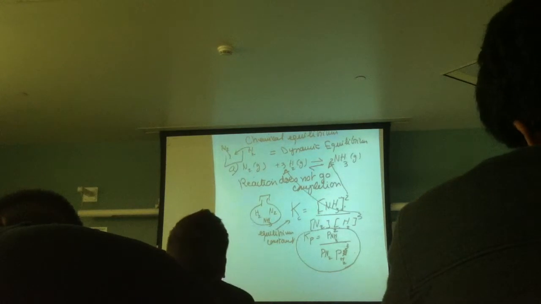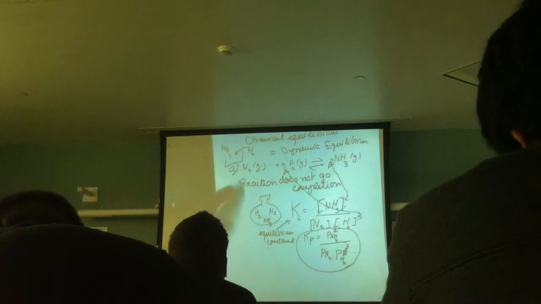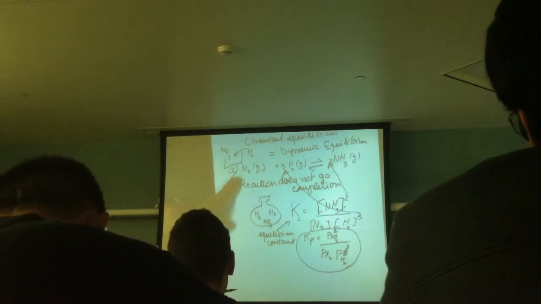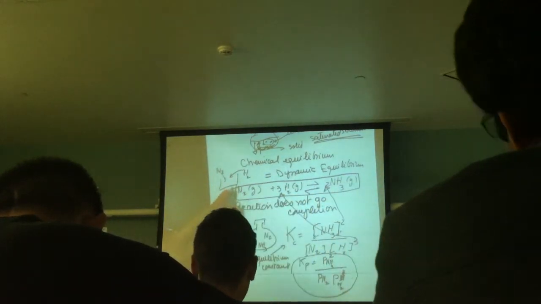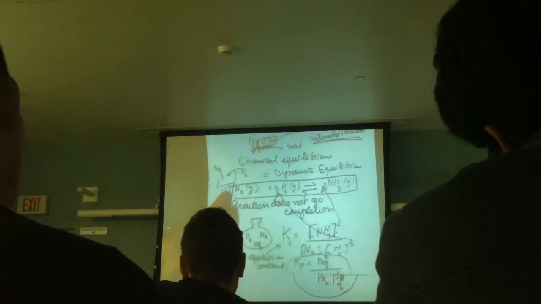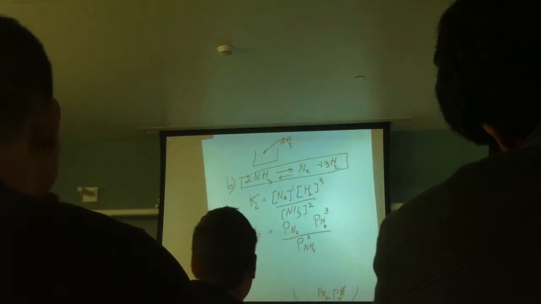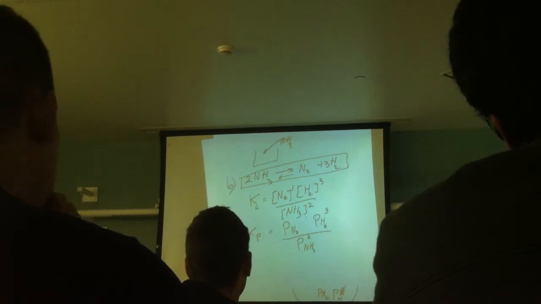I want you to notice something. This is part A, right? Are you there, everybody, or behind? This is part A. What's the relationship between the equation in A and the equation in B? Did you reverse the equation?